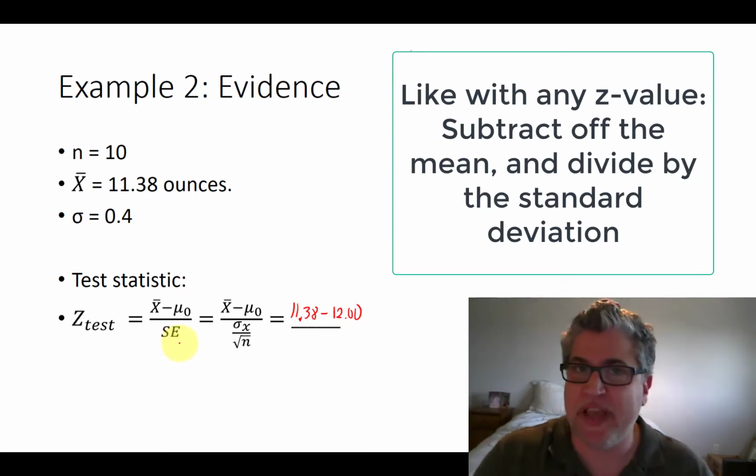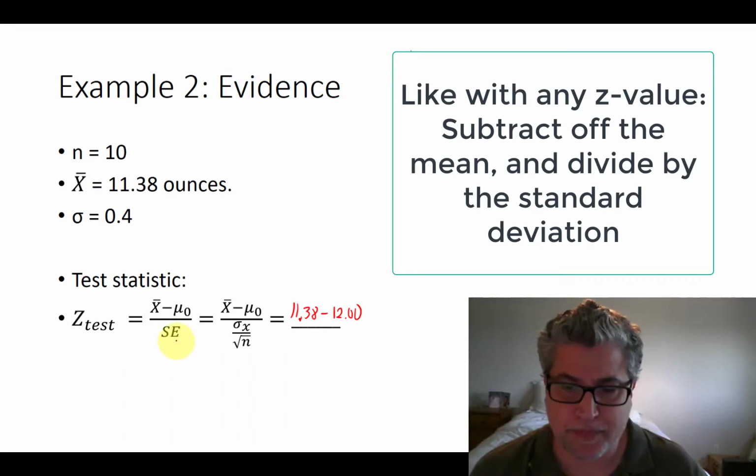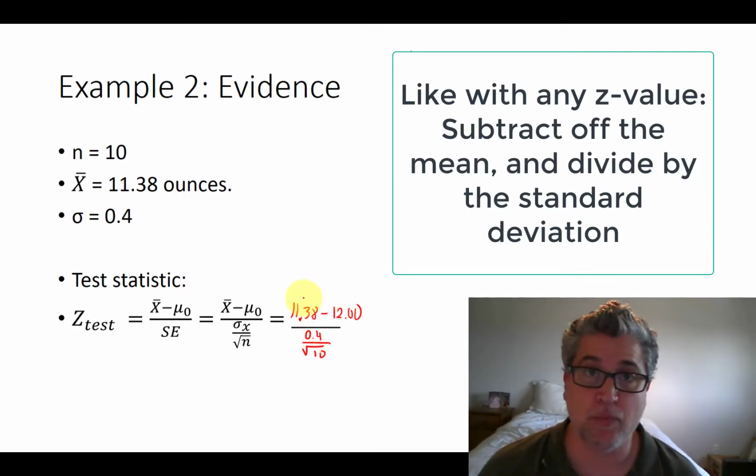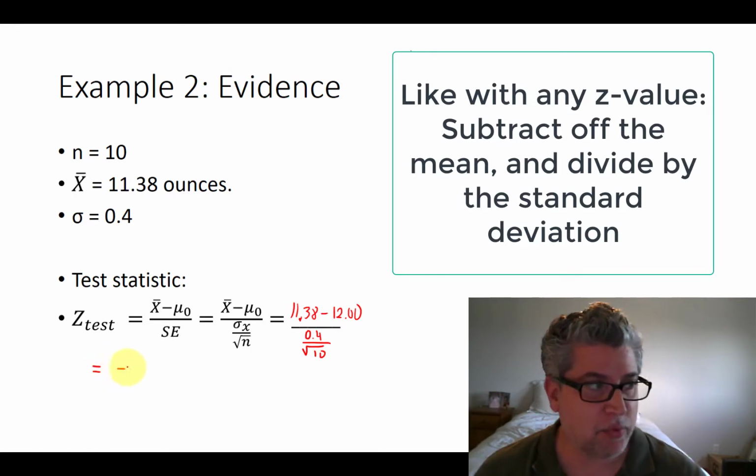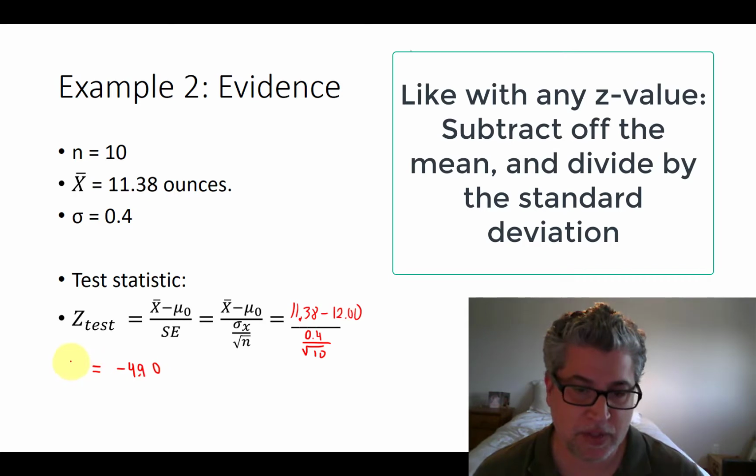So the standard deviation of averages are called standard errors. Standard errors are equal to sigma, 0.4, divided by the square root of n, the square root of that sample size. Okay, and so this whole thing then tells us how far away from 12 were we. So if we key this into a calculator, we get negative 4.90. That's our test statistic.